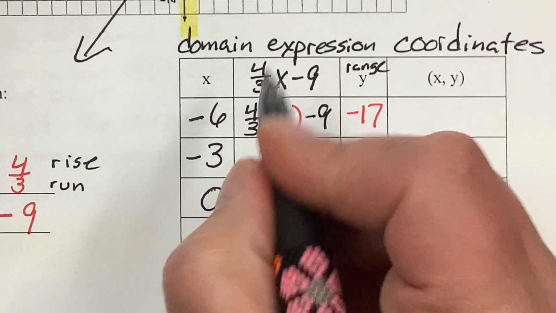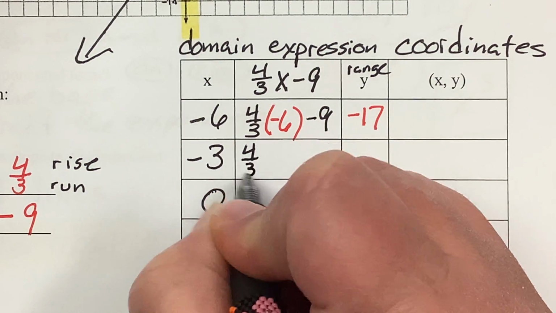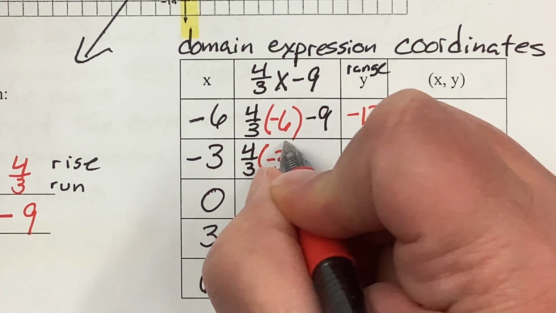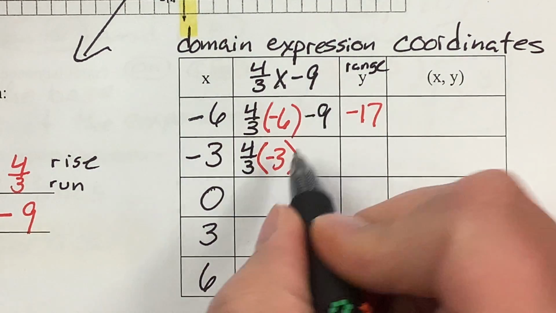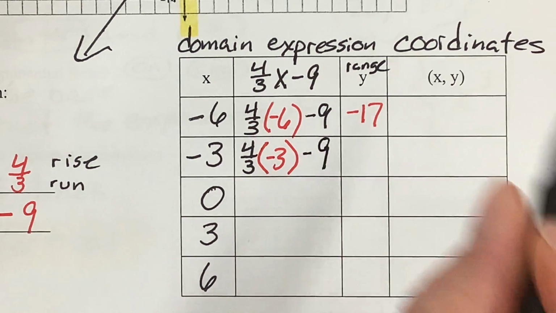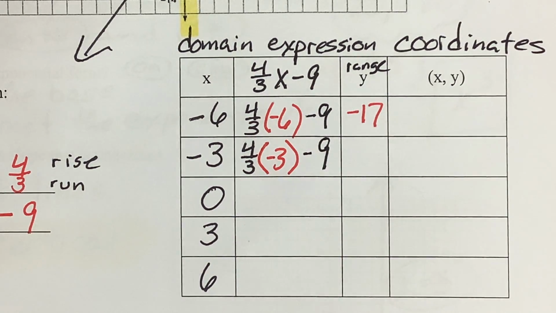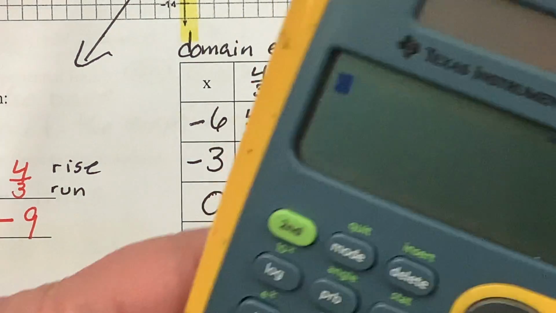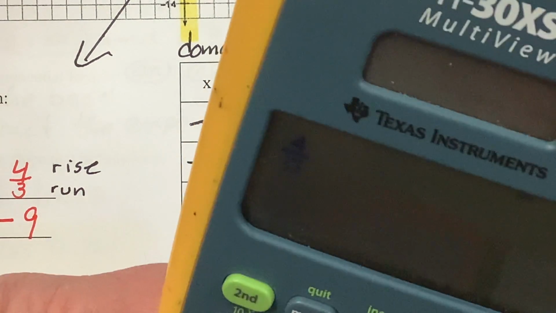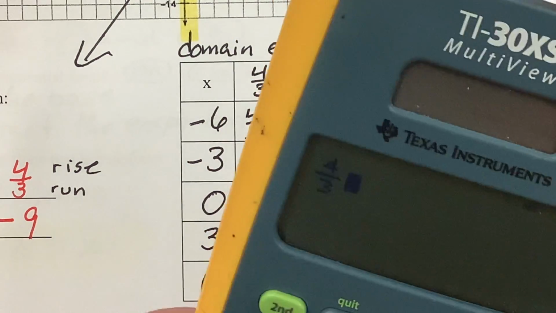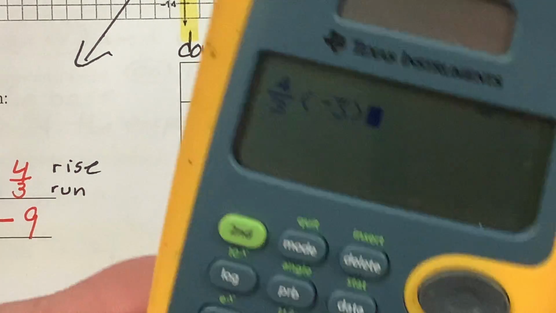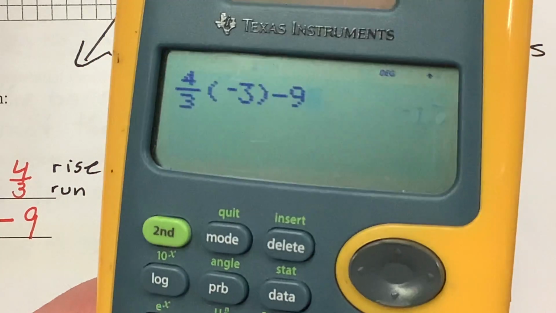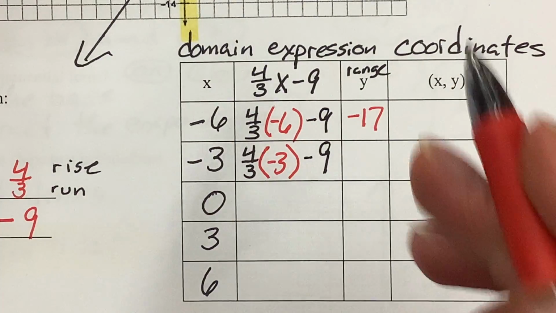Now, 4 over 3 times -3 minus 9. Exactly the way you see it in the calculator, and you get -13.